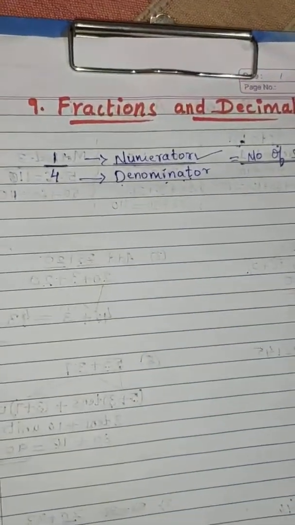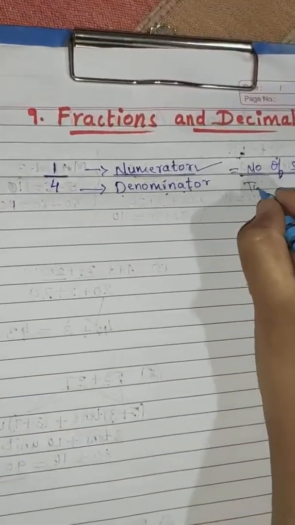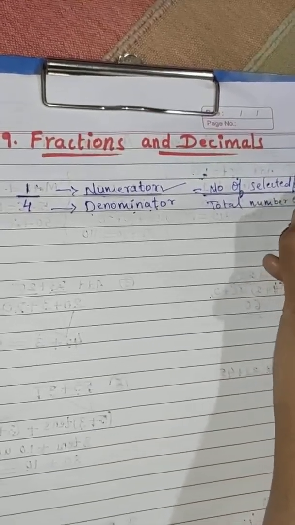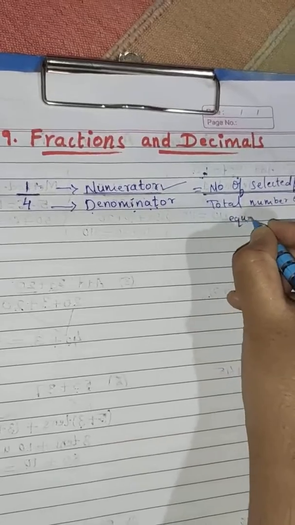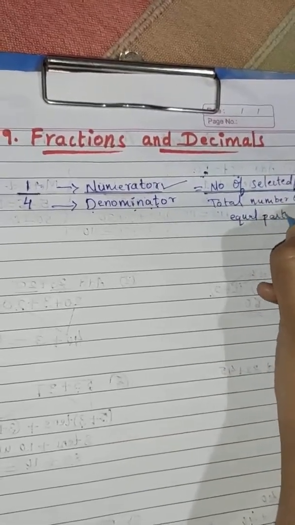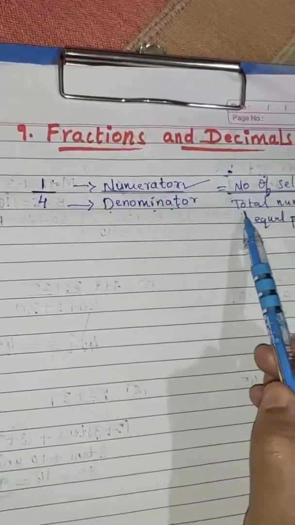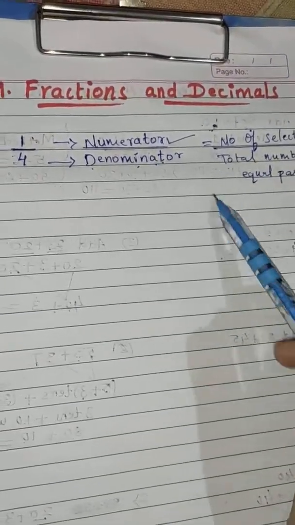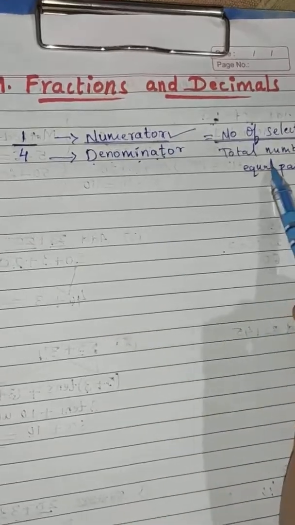Denominator means total number of equal parts. So here, total number of equal parts in which a whole object is divided. So that is called the denominator.